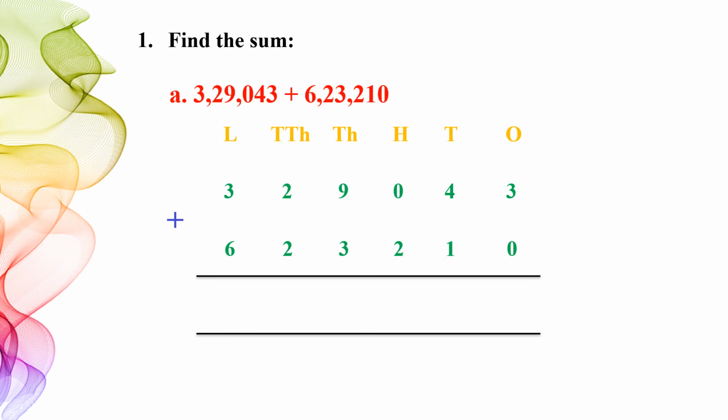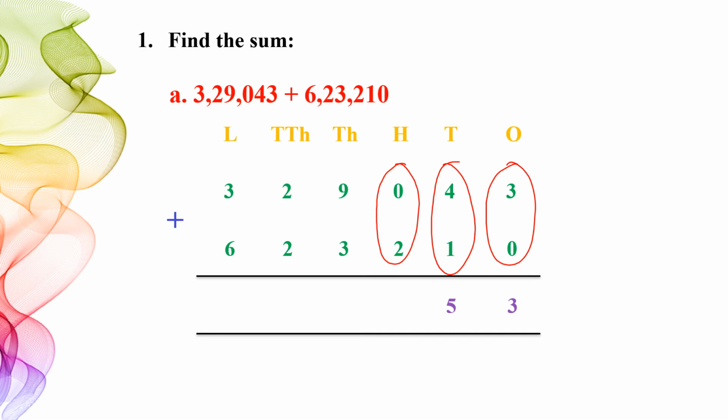So from ones period we add, that is 3 plus 0 equal to 3. The next tens period we have 4 and 1. Therefore 4 plus 1 equal to 5. Similarly, hundreds period we have 0 and 2. So 0 plus 2 which is equal to 2.